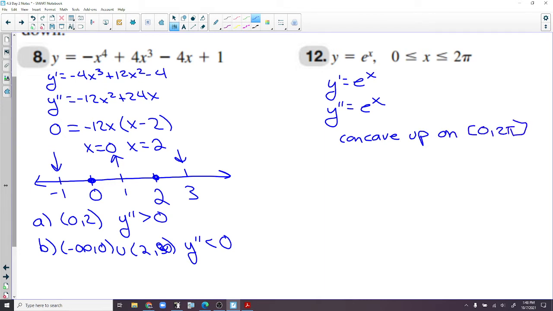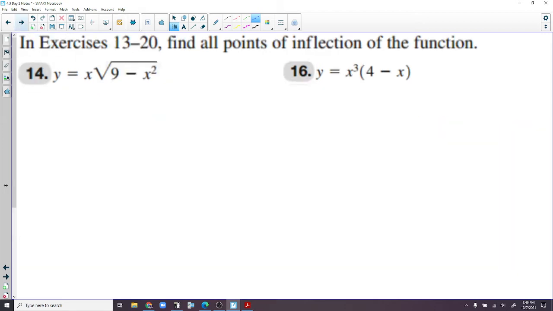As a matter of fact, can you draw the graph of e to the x? Do you know what it looks like if I asked you to do that? Yeah, yep. So it's always concave up. There we go. So you could either think about the graph on that one, or you could do the calculus either way. Do the second derivative. Always concave up, never changes.